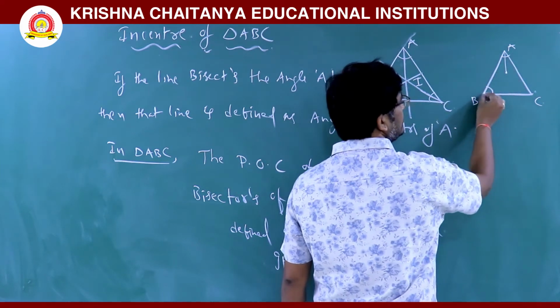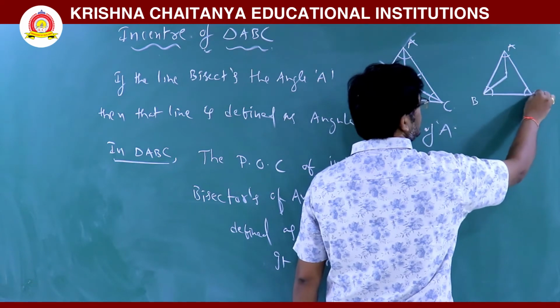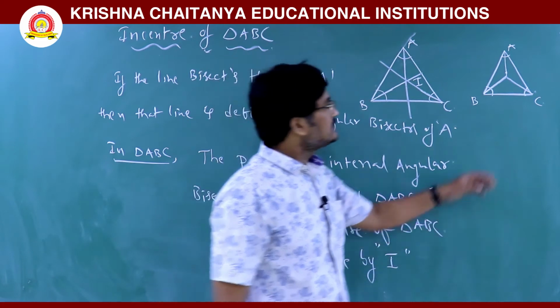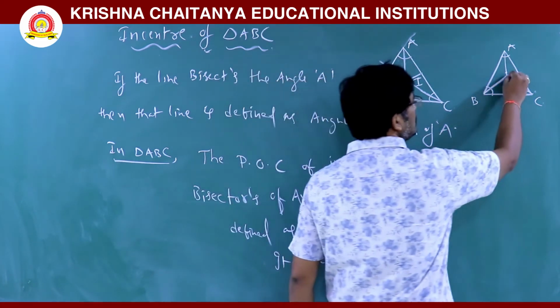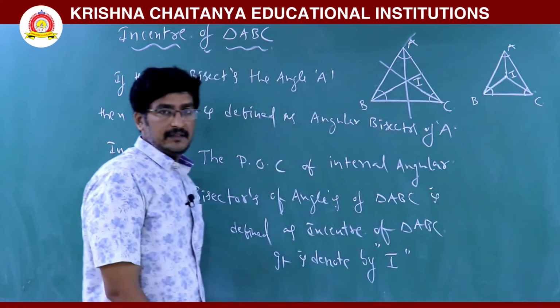This is the angle B, this is the bisector. This is the angle C, this is the bisector. Those three angular bisectors meet at this point. This is called the incenter, and that one is denoted by I.